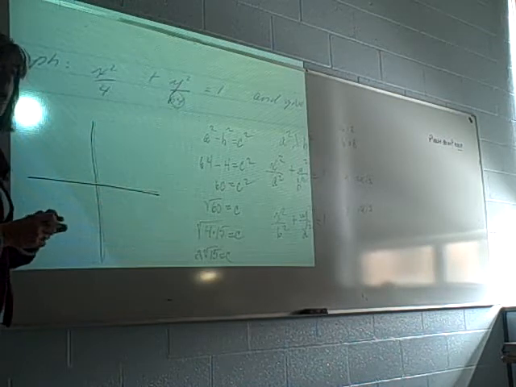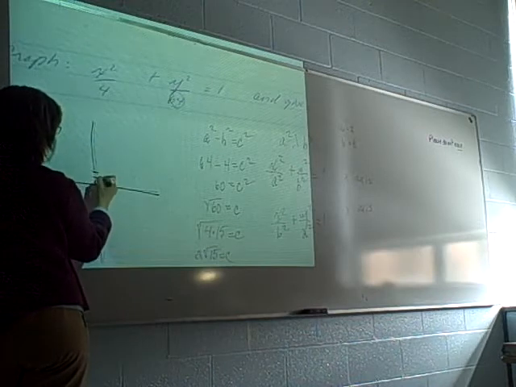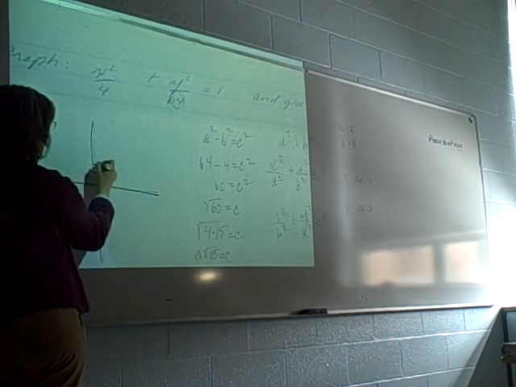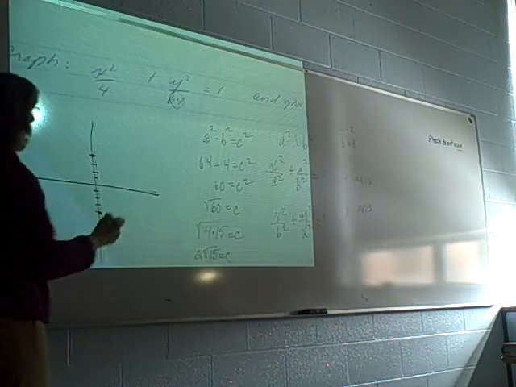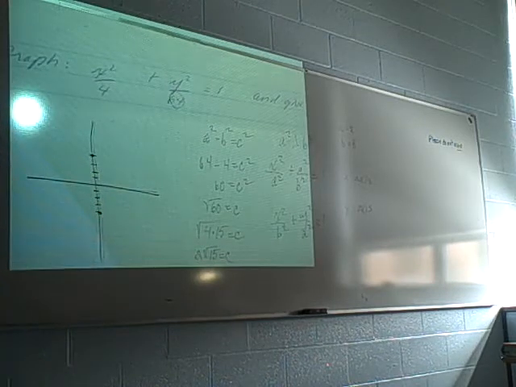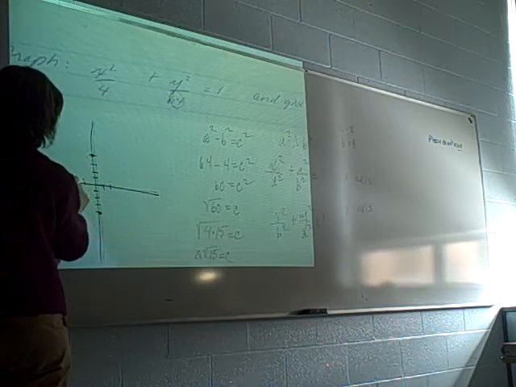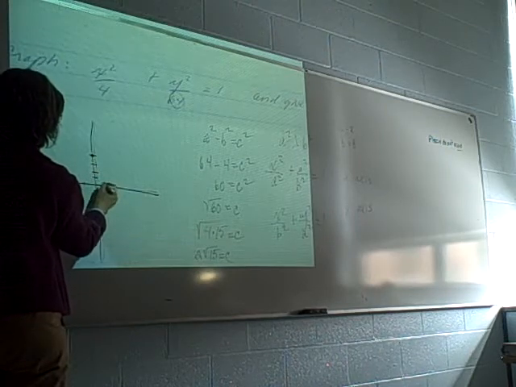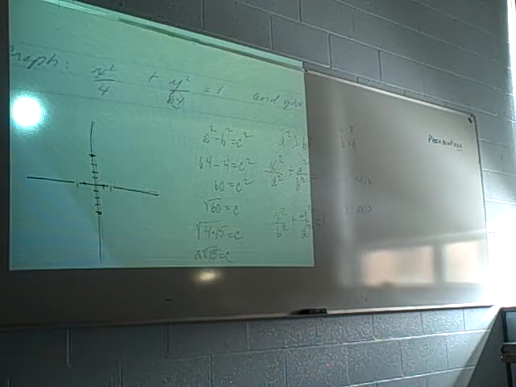Y. Right, because I'm going to count by 2s: 2, 4, 6, 8. And what about my minor axis, which is 2? 1, 2. It's not to scale actually. Isn't your A supposed to be 8?